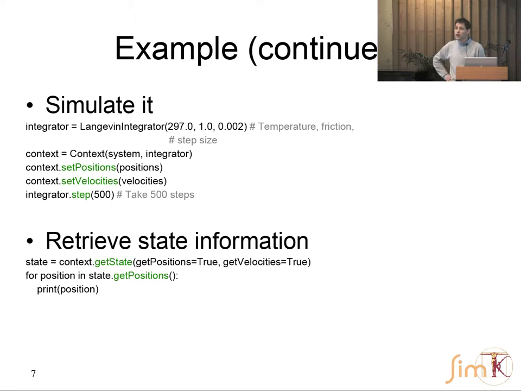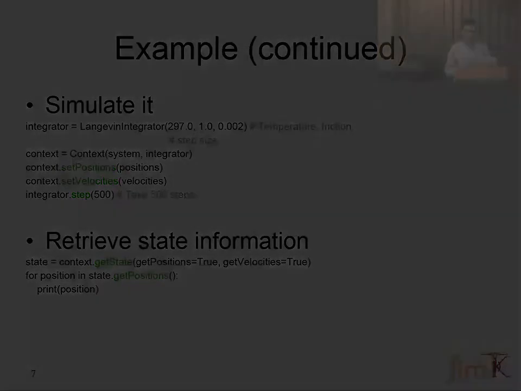It will not include other things like forces or energies because we didn't ask for them. But if we did want them, we could have asked for those. Now we might, for example, just loop over state.getPositions. That returns a list of the positions of every atom, and we loop over them and, in this case, just print them out. But you could do whatever you wanted.